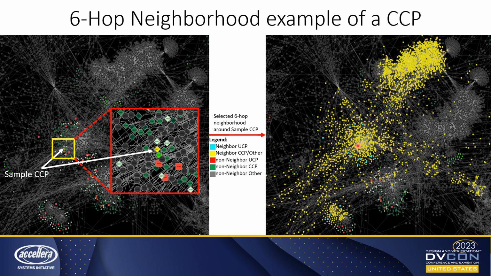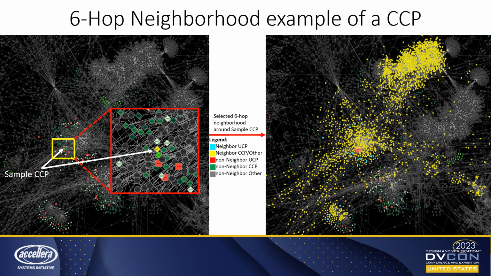which is sitting here. Now you might ask why these guys do not belong to the neighborhood of the CCP, although they are closer, while these nodes are farther but belong to the neighborhood of the CCP.